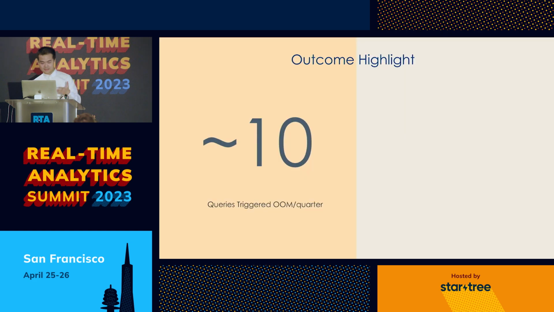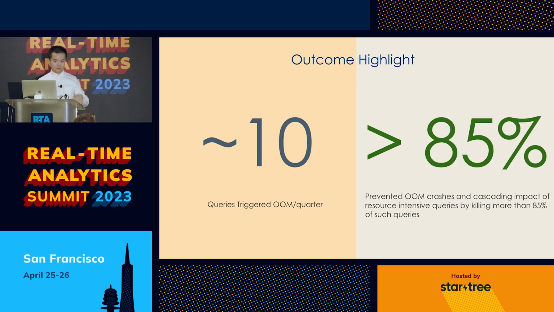And finally, let's talk about the numbers. Before we deployed this feature, we could have up to 10 exceptions per quarter. But now, with this rolled out, we can stop more than 85% of these rogue queries and prevent the undesirable cascading effect of availability degradation and SLA breach.